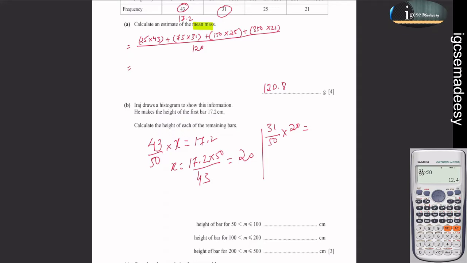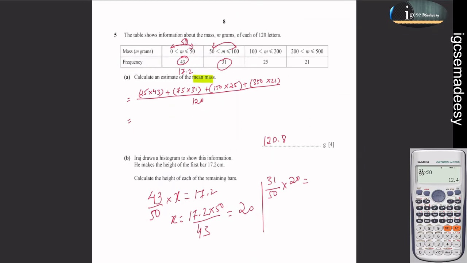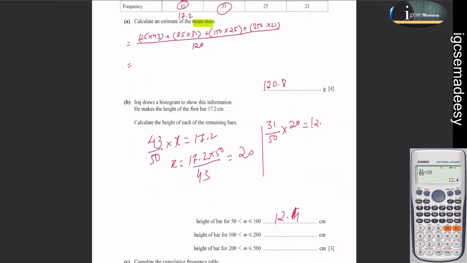So he is going to get the height of the class interval 50 to 100 as 12.4.